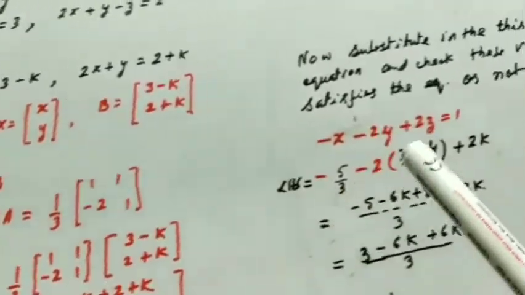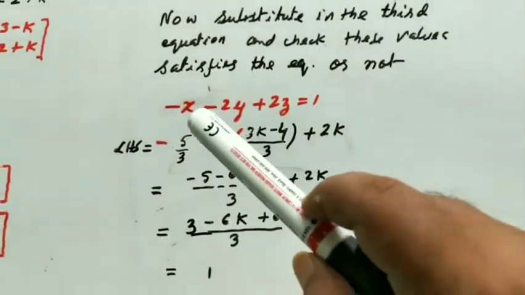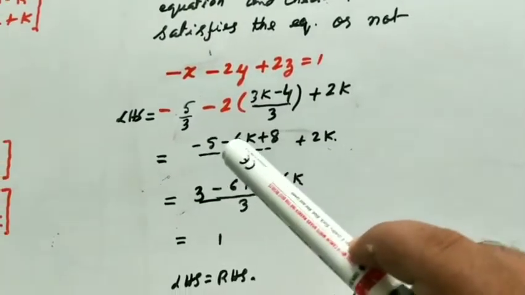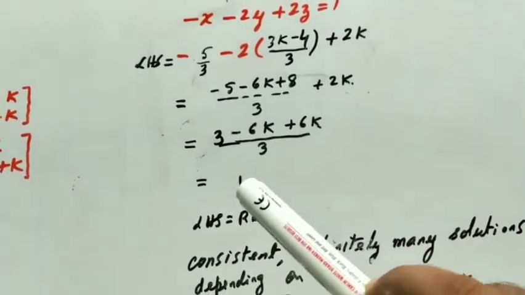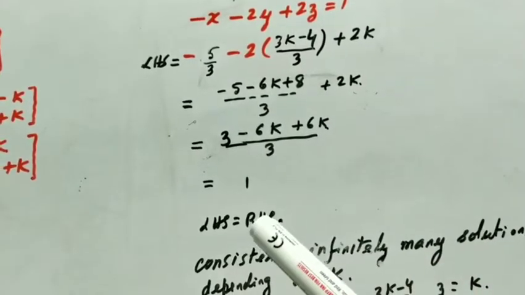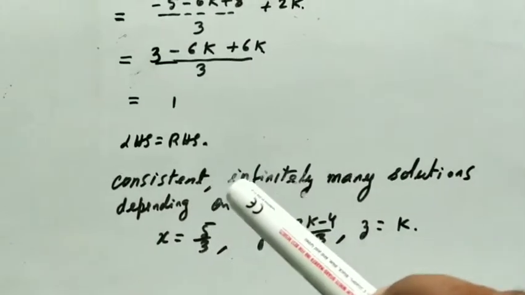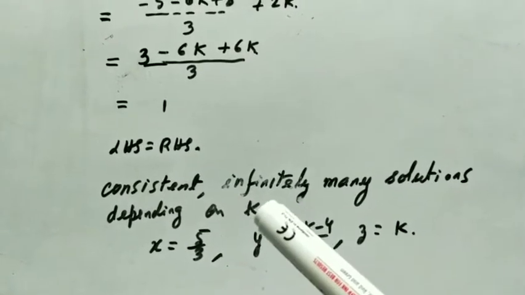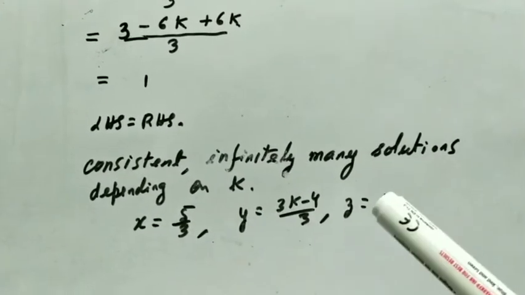So, here I have taken the third equation. X is 5 by 3, Y is (3k minus 4) by 3, Z is K. After simplifying, I find LHS is equal to RHS. So, it is consistent, infinitely many solutions it has, depending on K, which is any real number. This is the final solution.